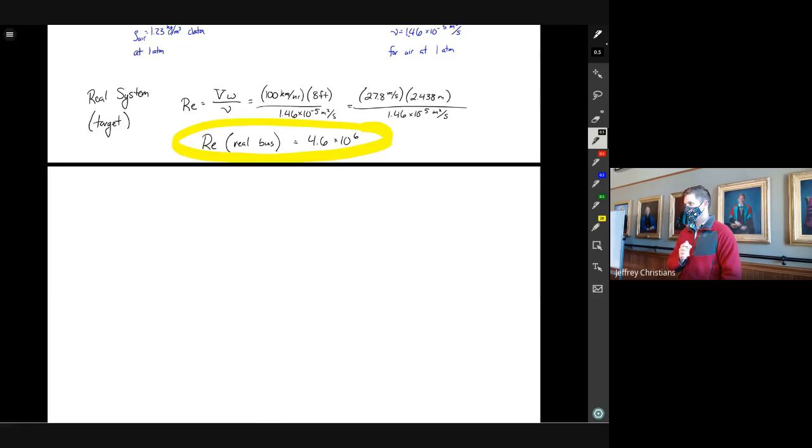Yeah, Ryan? What about changing viscosity though? Like corn syrup. So the question is, what about changing viscosity? Viscosity is in the bottom of the Reynolds number, so you have to have viscosity go down. For viscosity to go down below that of air is challenging.